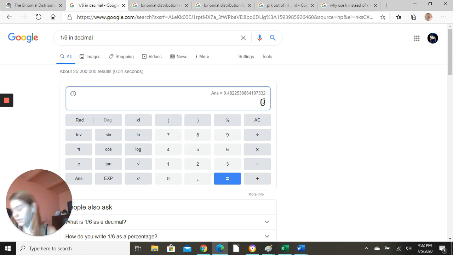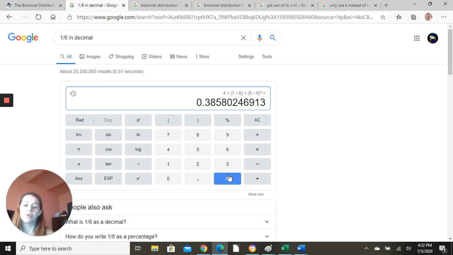We will be putting 4 times 1 divided by 6 times 5 divided by 6 to the 3rd power.